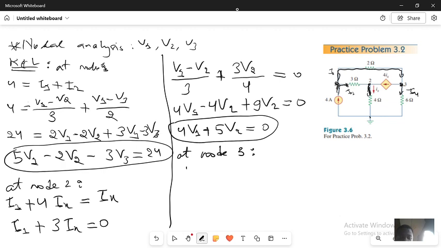So I will have I1 equal I4 plus this current that was leaving, 4Ix, which is Ix.